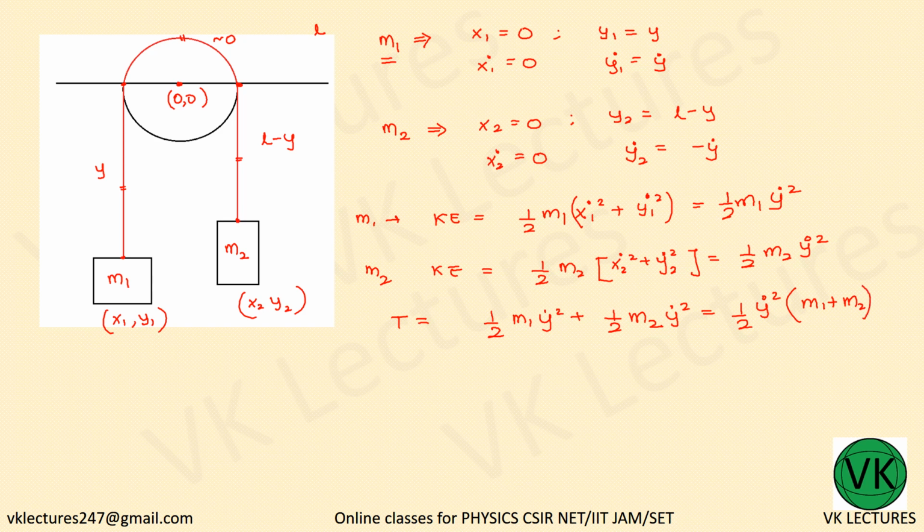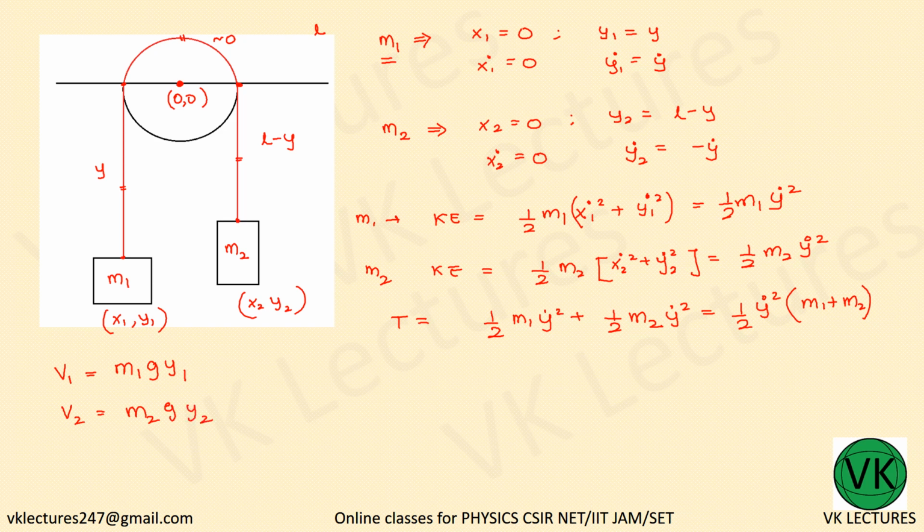Now looking into the potential energy V1, it is actually moving downward, that means both y1 and y2 are in the negative direction with respect to this position, so V1 is equal to m1 g y1, V2 equal to m2 g y2.